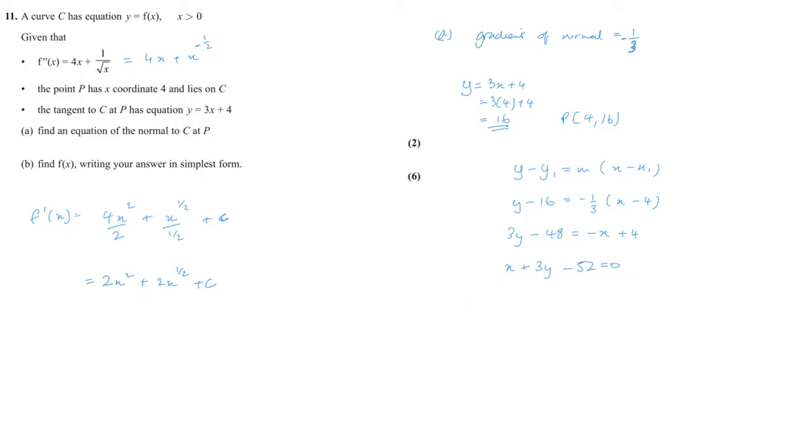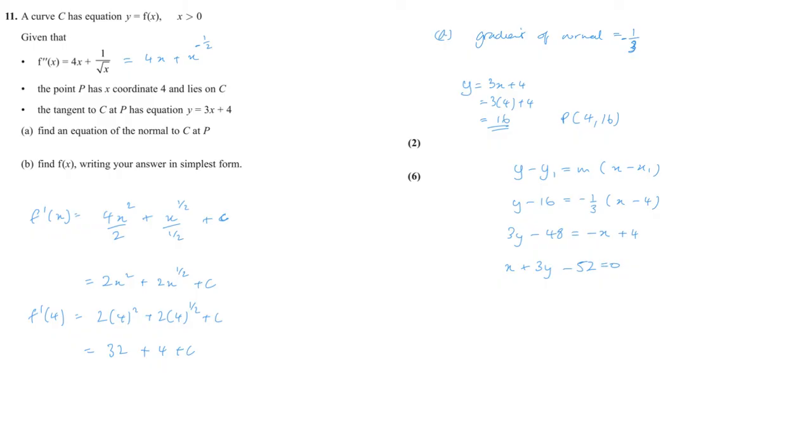Now we know the point P lies on C, so x is 4, so 2 lots of 4 squared plus 2 lots of 4 rooted. So 32 plus 4 plus c, and this is the like dy by dx, isn't it? Differentiation.